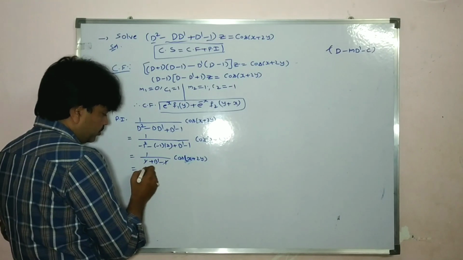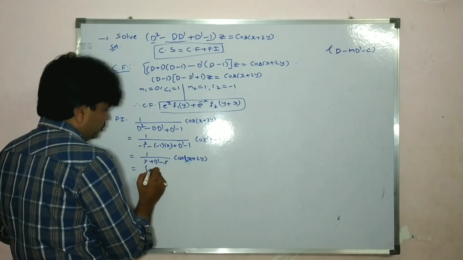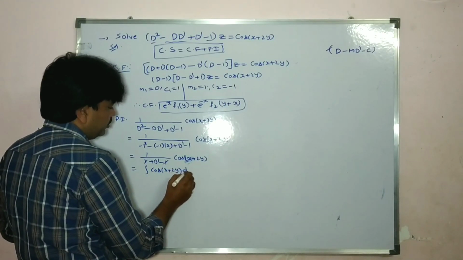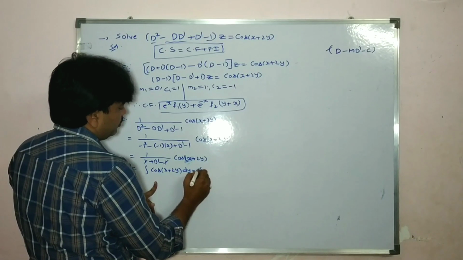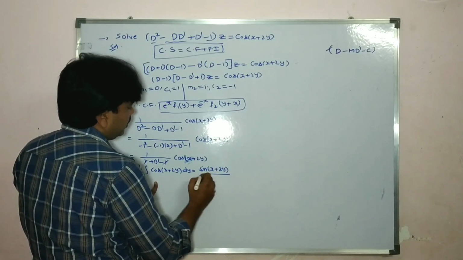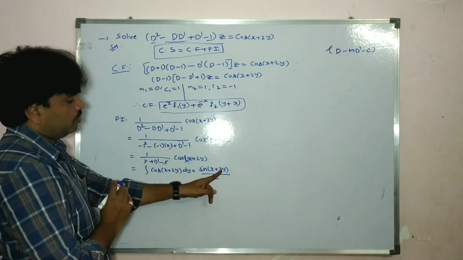1 by d dash students. 1 by d dash means integrate with respect to y. So cos of x plus 2y dy. So what is the integration? Sin of x plus 2y by 2, since the y coefficient is 2.